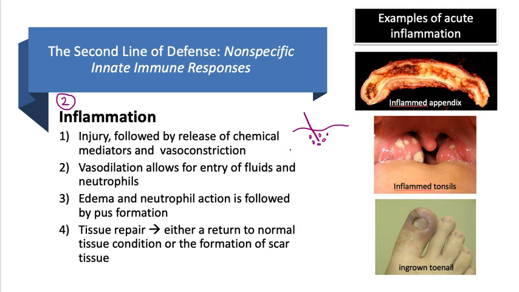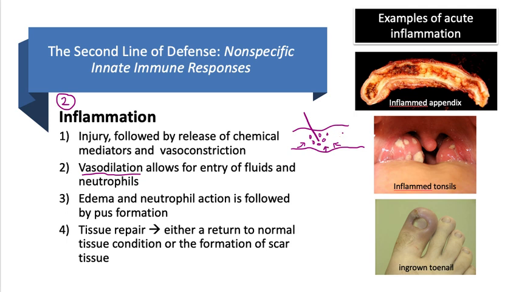And within our skin, we have blood vessels, and the blood vessels will immediately constrict, and then they will dilate again. And fluids will enter the scene. So once these blood vessels dilate, they kind of open up, and fluids from our blood can enter the scene.